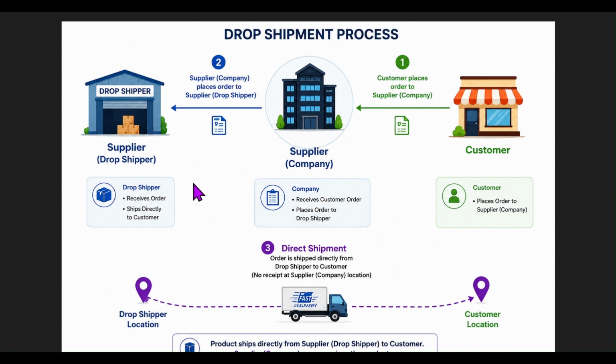In that case, you ask your supplier, instead of sending the item to your location, to ship directly to the customer. So without the goods arriving at your location, your supplier sends the items to your customer's location. This is what we call drop shipment, where at your location there is no inventory, whereas the supplier directly sends the goods to your customer's location.